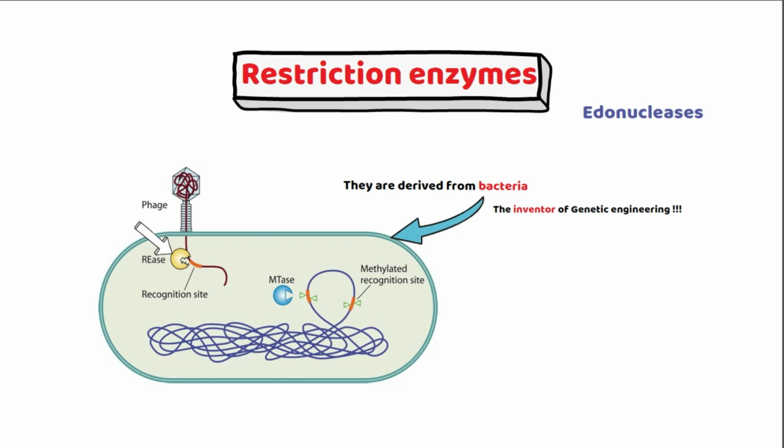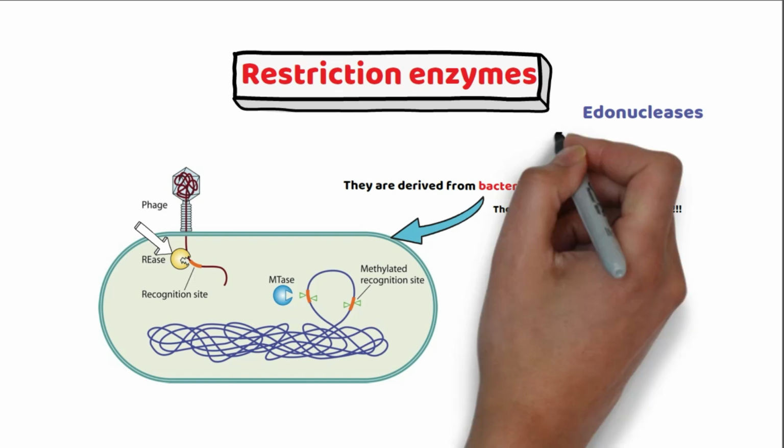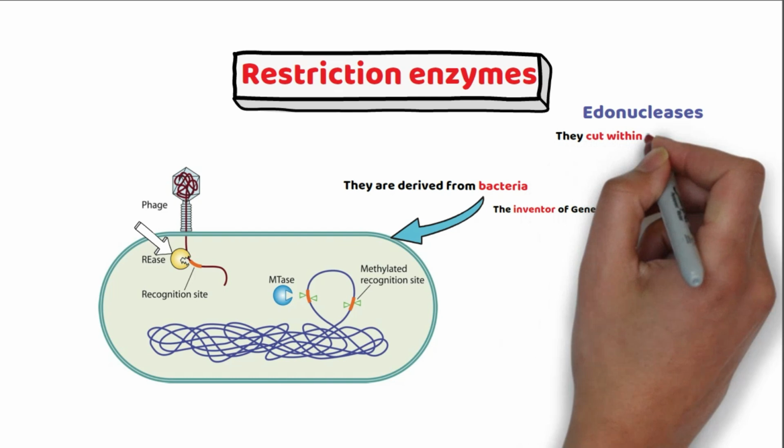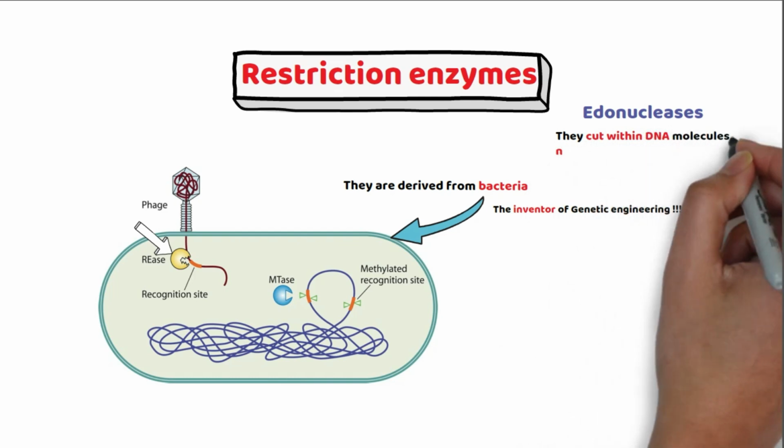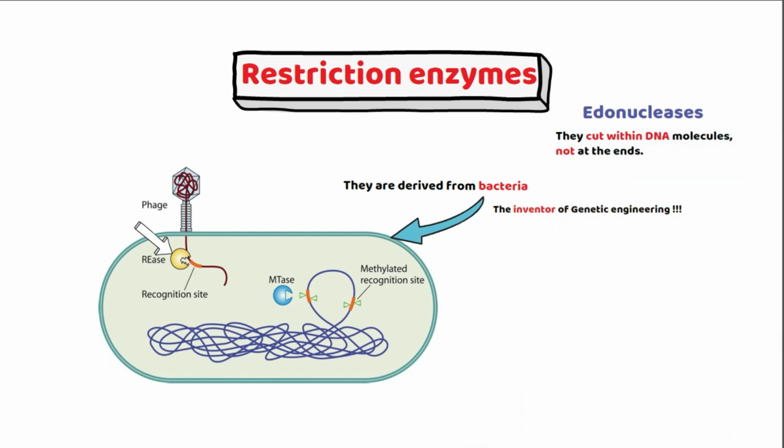Because when these enzymes cut and digest DNA into small pieces, they cut the DNA at recognition sites within the DNA molecules, not from both ends, within. Okay? They cut within DNA molecules, not at the ends.